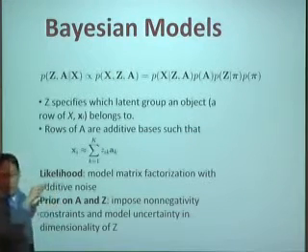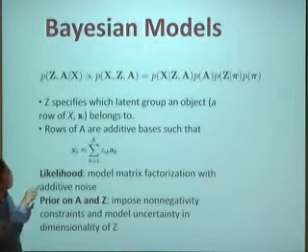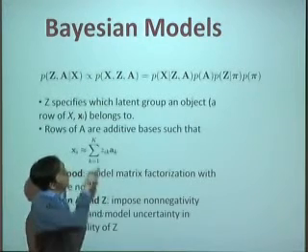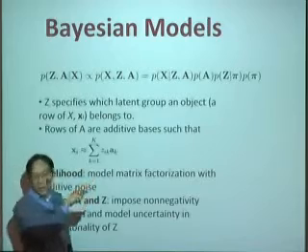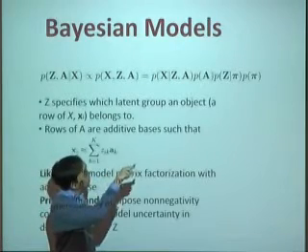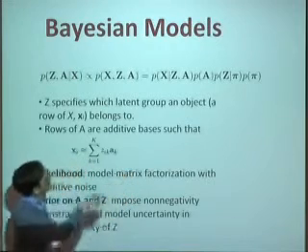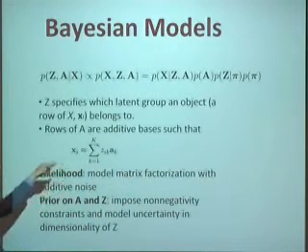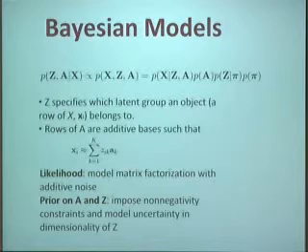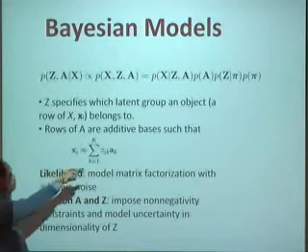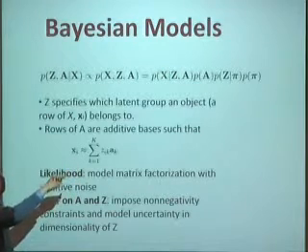That's proportional to the joint distribution of X, Z, A. This can be factorized into the product of a prior distribution on A and Z and a hyperprior distribution on Z. This is the likelihood function, X given Z, A. If you look at this equation, really we use a Gaussian likelihood function.